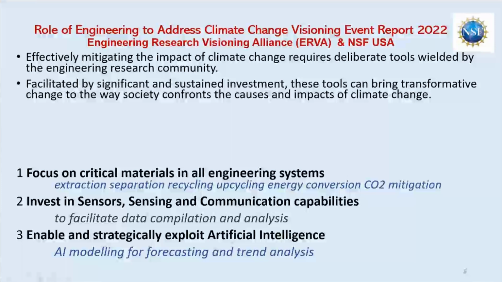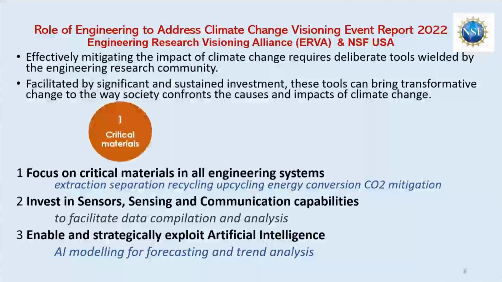Next, relevant to this, there was work done by the Engineering Research Visioning Alliance, ERVA of NSF, and others joined together. They have brought in what engineers can do on the climate change aspect, on mitigation and the role. They need to look at the engineering research community. They have to develop tools, and to develop these tools, there needs to be a significant and sustained investment.